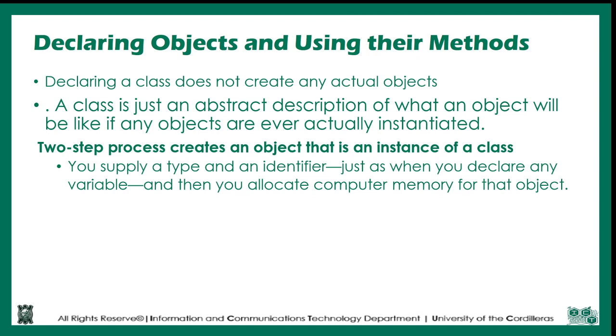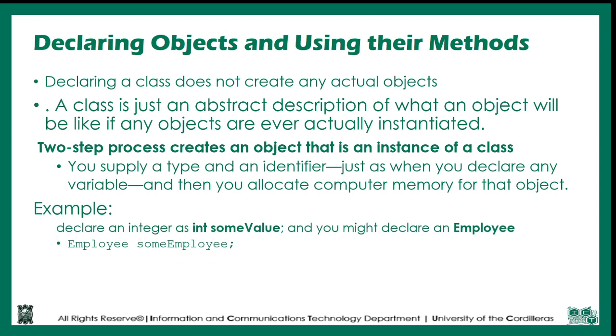First, you supply a type and an identifier, just as when you declare any variable. And then you allocate computer memory for that object. So for example, here, you declare an integer as int someValue, and you might declare an Employee. So that's how you declare objects.